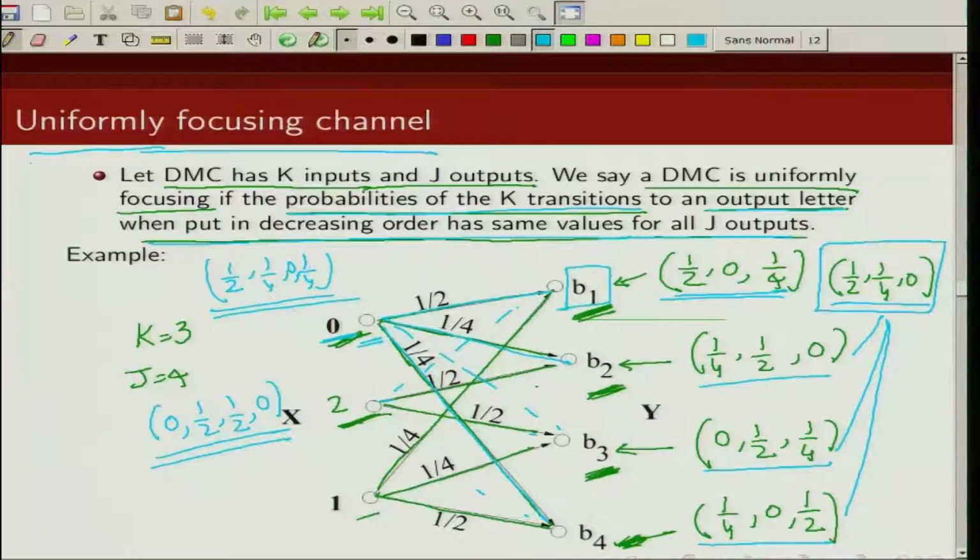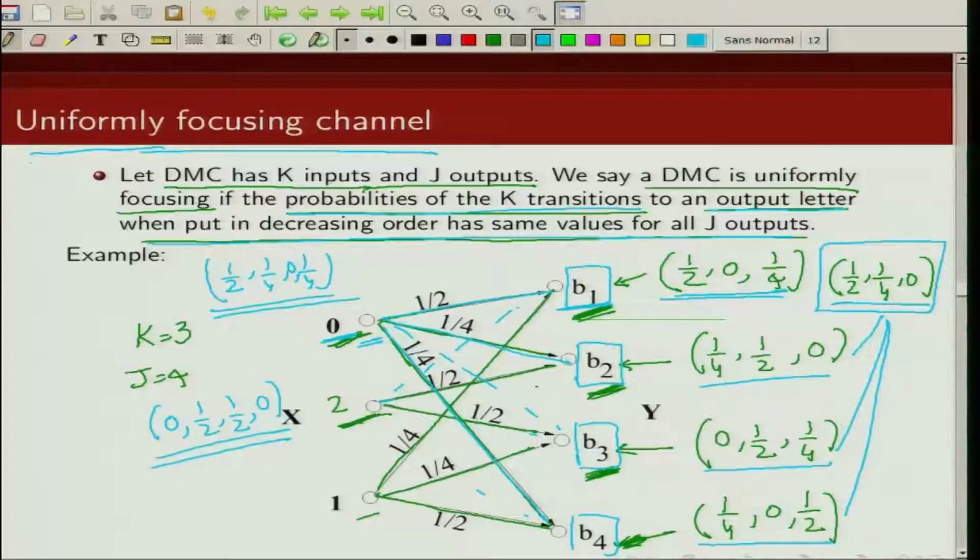In this example, whether my output is B1 or B2 or B3 or B4, the summation of probability of y given x is the same, whether I consider y to be B1, B2, B3 or B4.